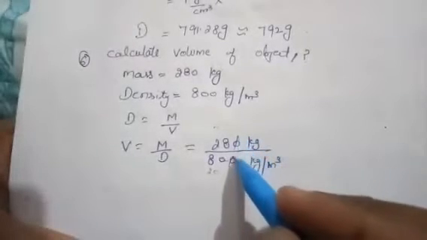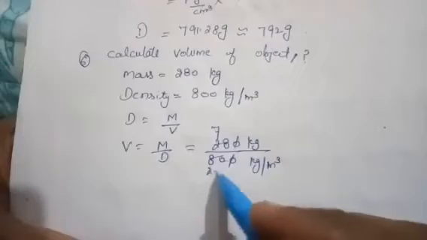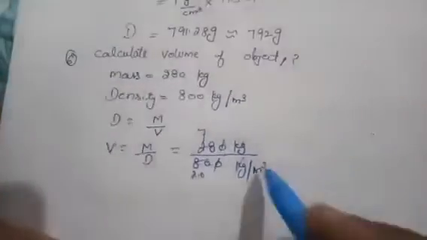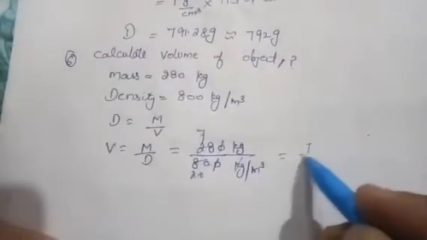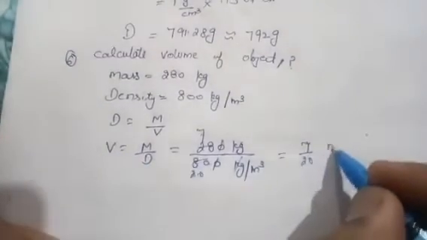So 0 cancels with 0, 4 times 7 is 28, 4 times 20 is 80, kilogram cancels with kilogram here. This is the reciprocal term, so it will become 7 by 20, because we are finding the volume, so it will be meter cube.